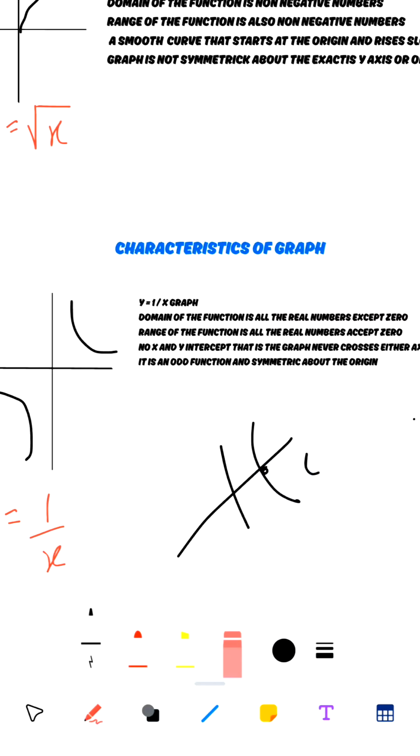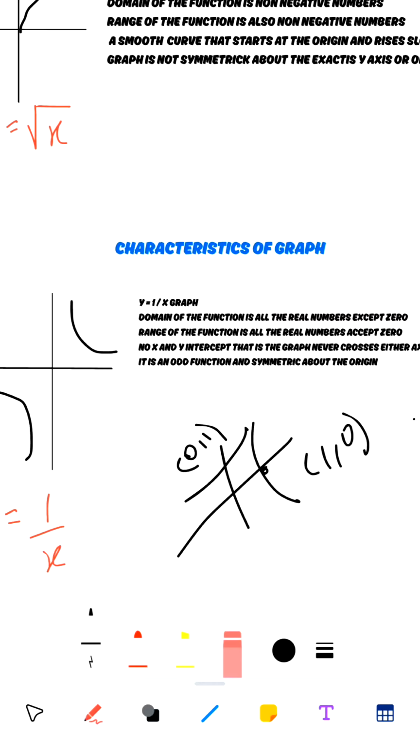So in this case it is 1 comma 0, so y will be equal to 0, but in this case it will be 0 comma 1, like this. But it is not like that, because if x is not equal to 0, y is also not equal to 0, obviously we cannot find intercepts. So we cannot find the intercepts, and the graph will not touch the x or y axis.